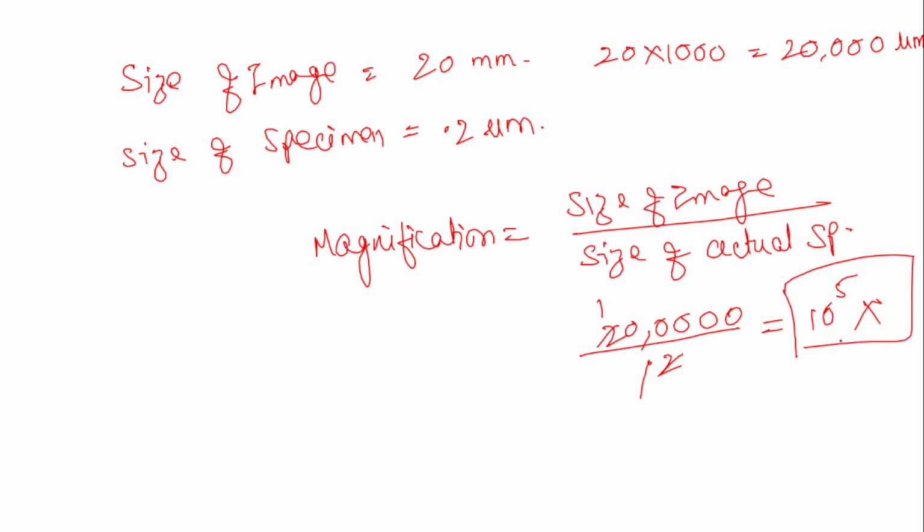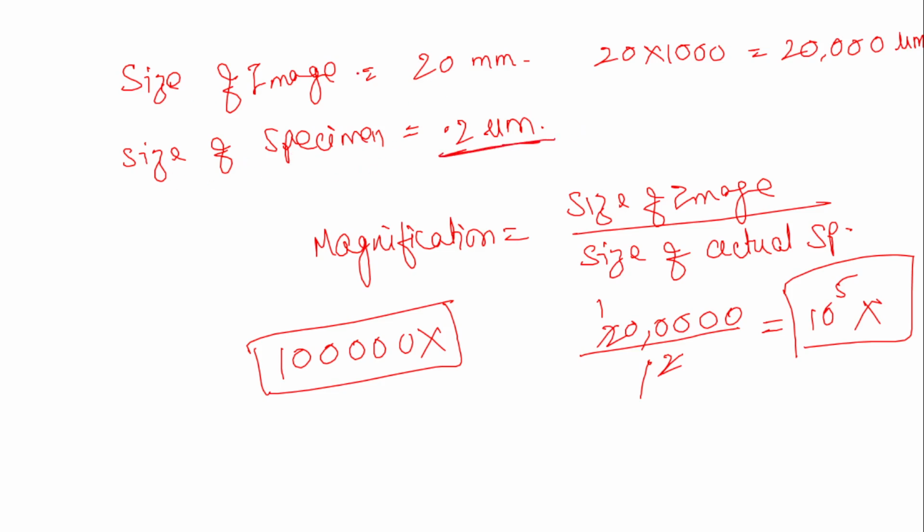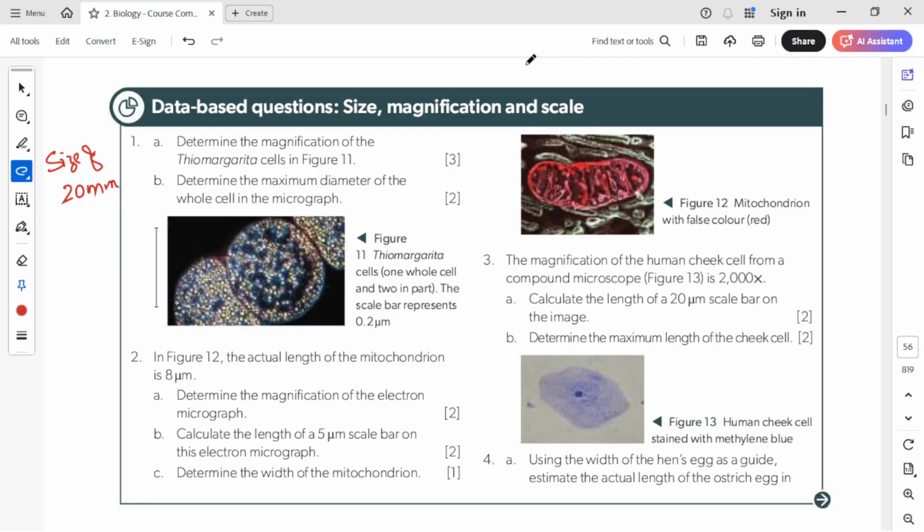So this is the magnification of this image, 10 to the power 5 x, or you can write 100,000 x. This is the magnification if we take the size of the specimen as 0.2 micrometer and the size of the image as 20 millimeters. Okay, so let's go back to the question.